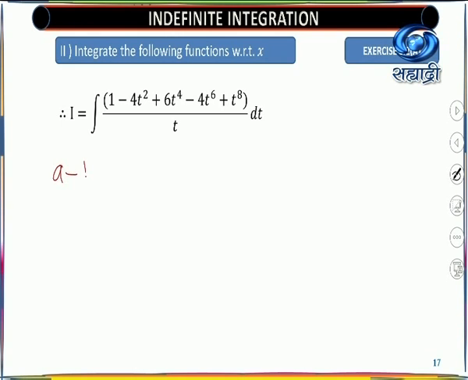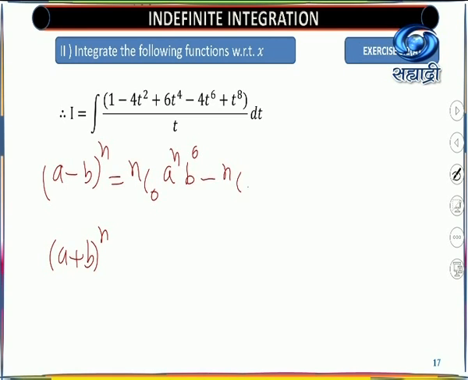Now you have a minus b raised to n. Actually you are using this, but the binomial theorem is related to a plus b raised to n. A minus b raised to n is nothing but nC0 a raised to n b raised to 0, then alternate plus and minus signs, so nC1 a raised to n minus 1 b raised to 1, and so on.